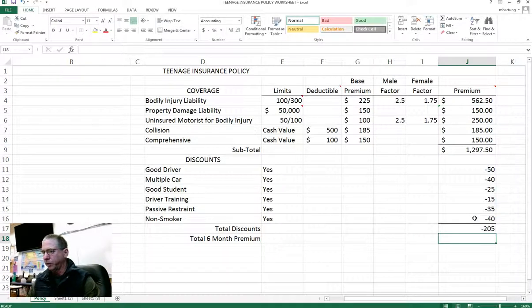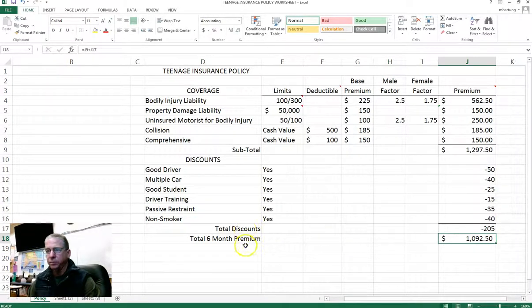So there's our total amount of discounts, $205. And then simply just add the subtotal plus the discounts. And there's our final premium, $1,092. Reflected, there's our subtotal, $1,297 minus that $205, and then it gives us our $1,092.